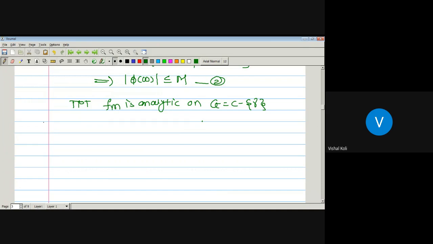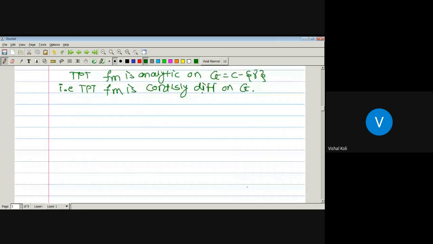That is, here we have to prove that function Fm is continuously differentiable on G. So what is a continuously differentiable function?